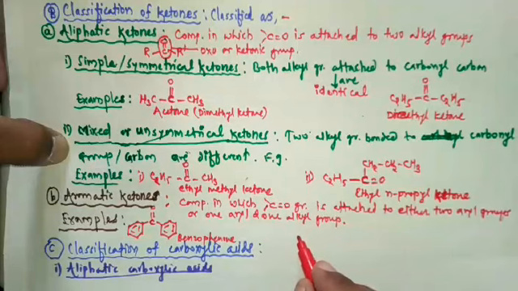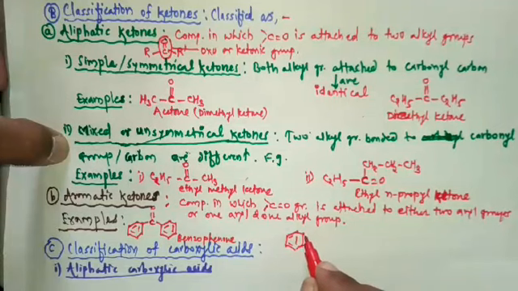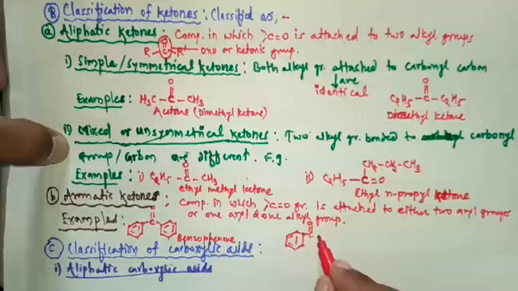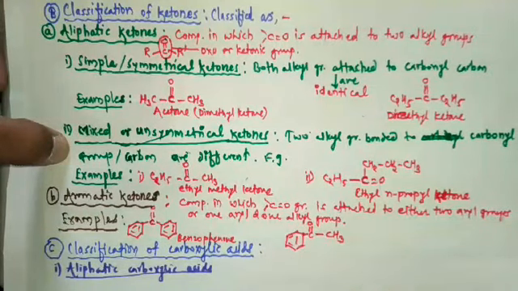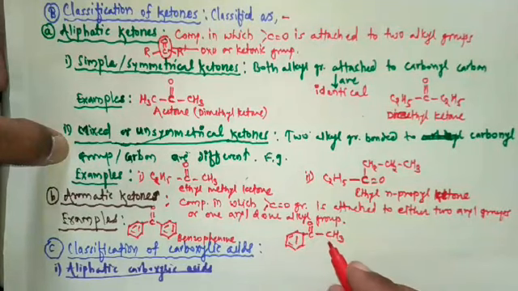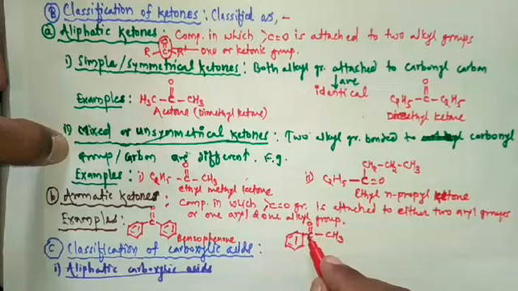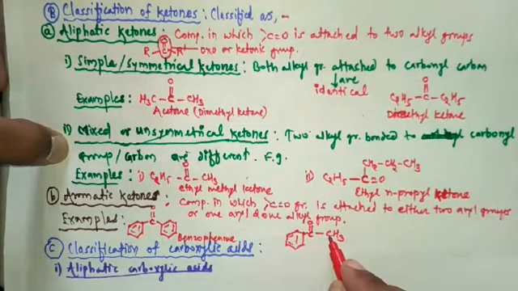Then take one another example. So here benzene ring, then here C double bond O group, and to this C double bond O group CH3 group is attached. So in this compound, carbonyl carbon is attached to one aryl group and one alkyl group.